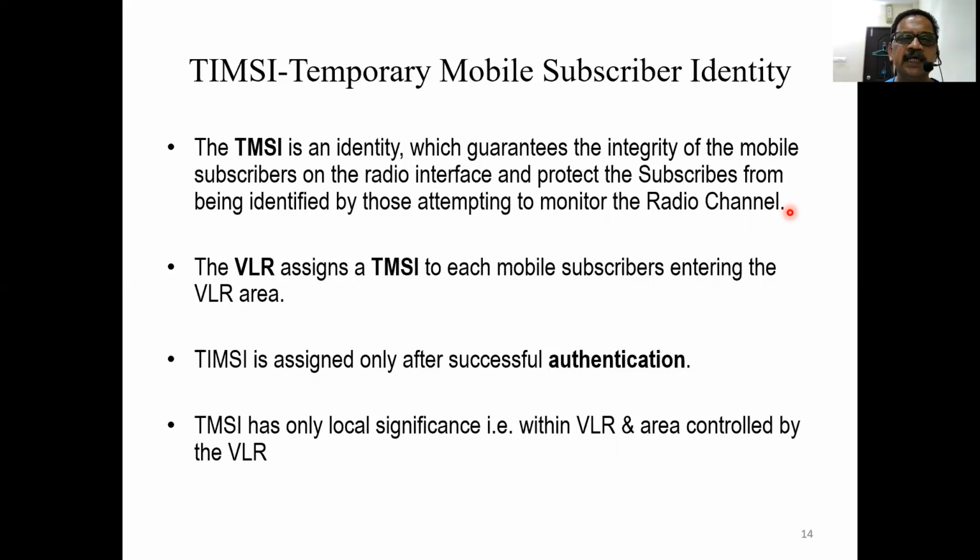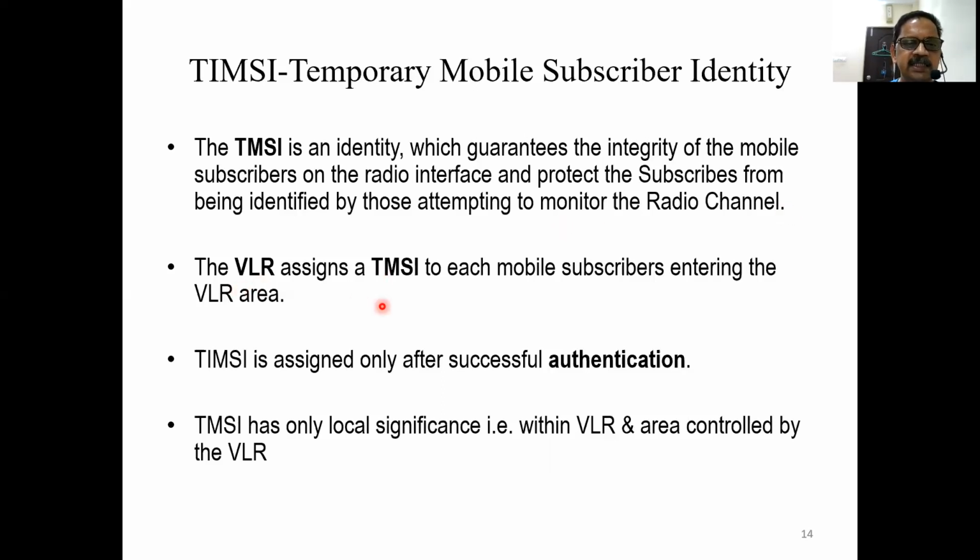Then the VLR or the network provides one temporary mobile subscriber identity number, which is communicated from one network element to another for call connection and other activities, so that secrecy can be maintained, so that you cannot be hacked based on the IMSI number. So it provides a security aspect.